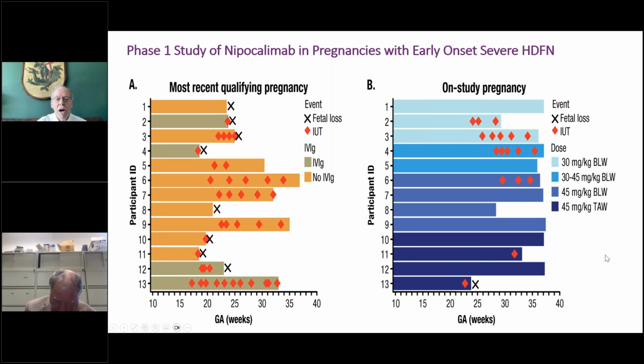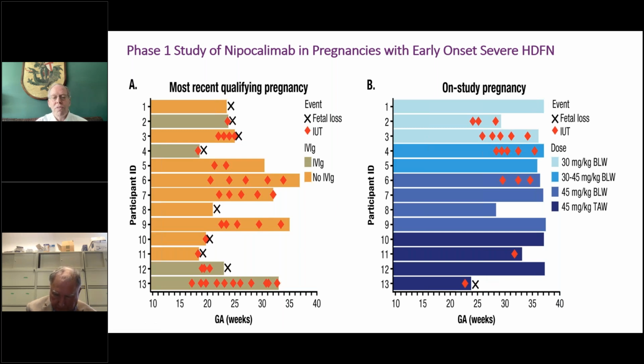If we look in contrast to the ones that from week 16 to week 35 received increasing doses of the nipocalimab inhibitor of FcRn, you can see that there are 1, 2, 3, 4, 5, 6, 7 that did not require any in utero transfusions.